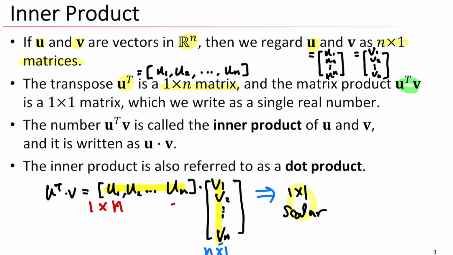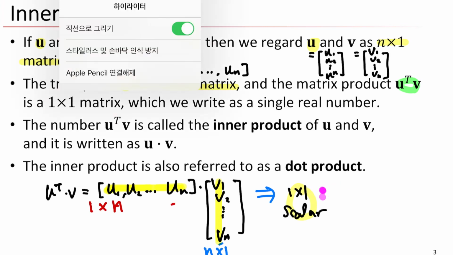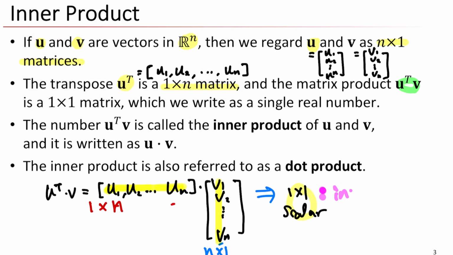So in this case, this scalar value is called the inner product, or dot product.